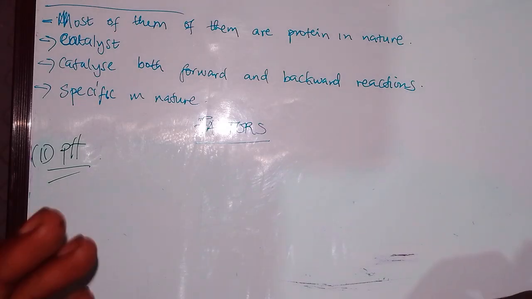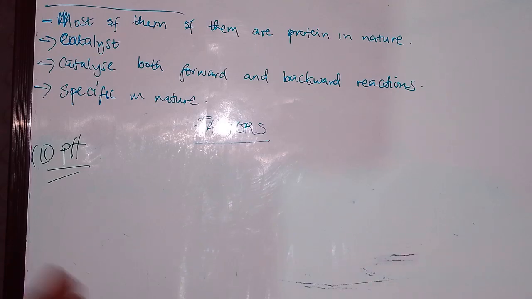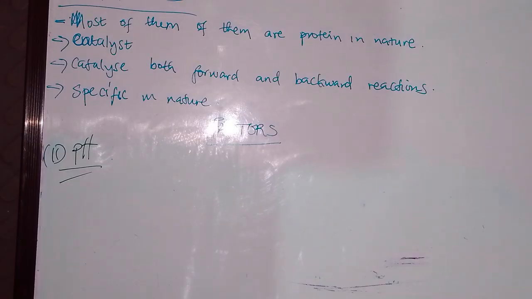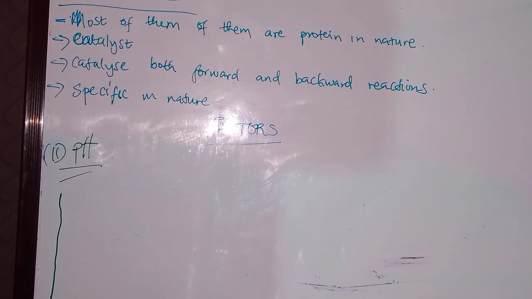So before we talk about how the pH affects enzyme, you need to understand first what is known as the pH scale. So what is a pH scale? So a pH scale is a scale we use to determine whether something is acidic or basic. Yeah. So mostly the pH scale will be brought in form of a diagram.